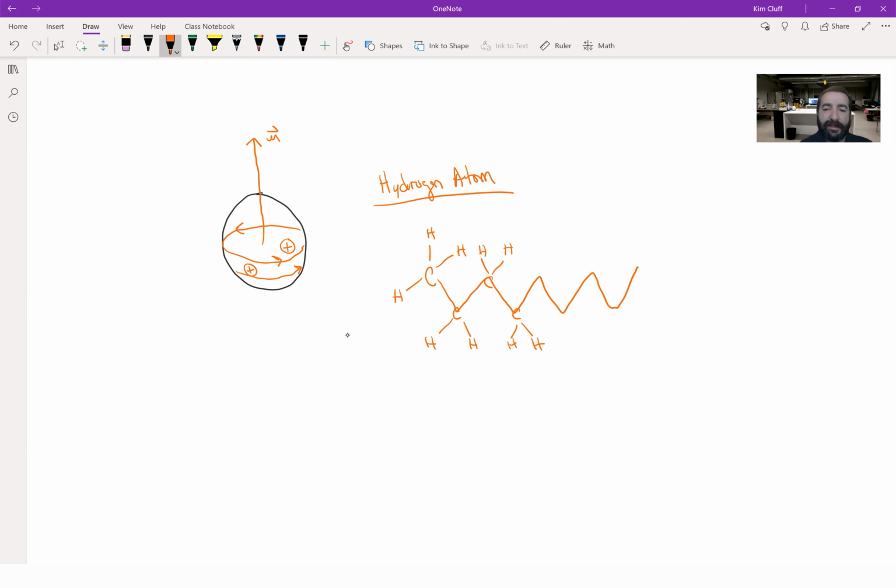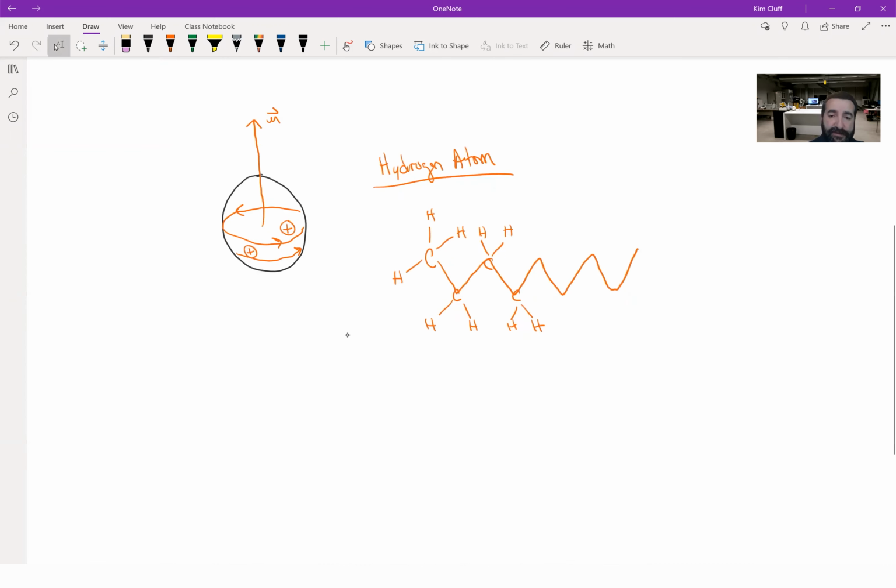You might ask, and by the way, you have tons of hydrogen inside your body. In fact, the body is mostly water, so there's lots of hydrogen in the human body, including in all these different fatty acid chains. Hydrogen is pretty abundant in the human body, and each one of these little hydrogen atoms is producing its own small magnetic field.